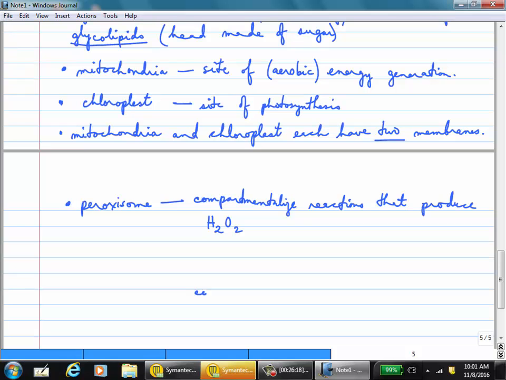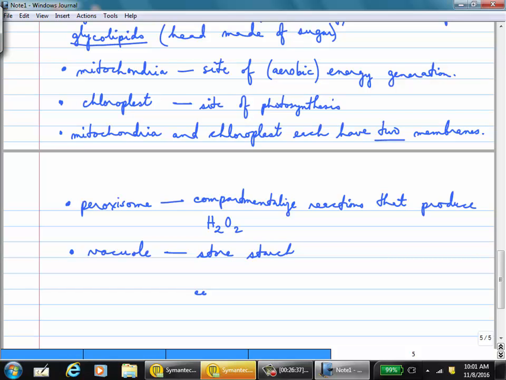Then in addition to that, if you're looking at a plant cell, you will have another organelle that is called a vacuole. These organelles, vacuoles, store starch. Starch is basically a polymer made up of sugars.